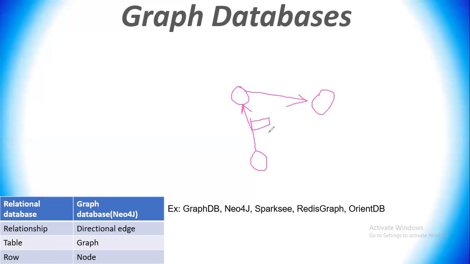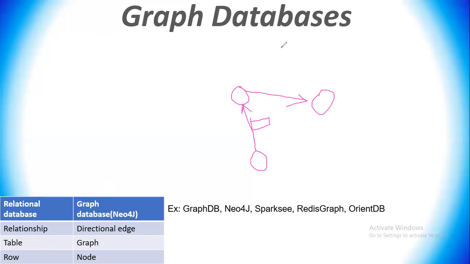But as the graph database has only one row of data called a node, the graph can successfully handle relationships with less complexity than any other data model.